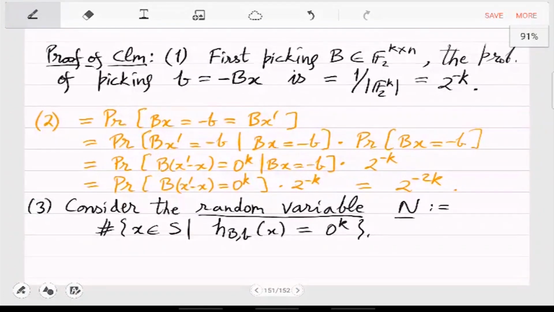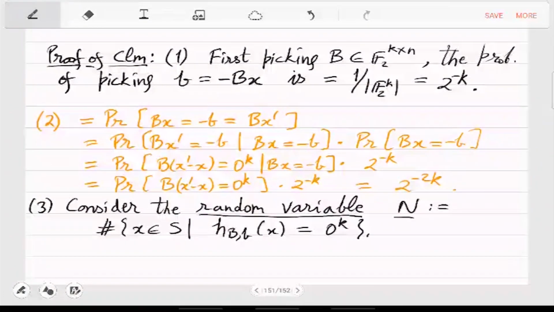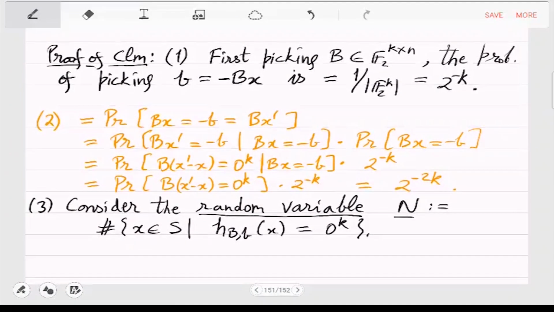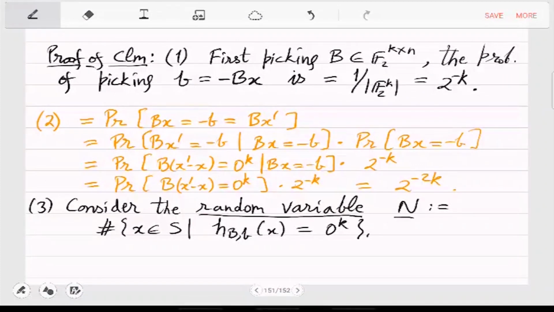So what we are interested in is when is this number 0, when is it 1, and when is it more than 1, right? Those are the events we are interested in. When is it 1? What's the probability? Let's calculate that.